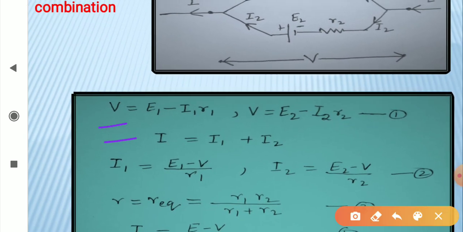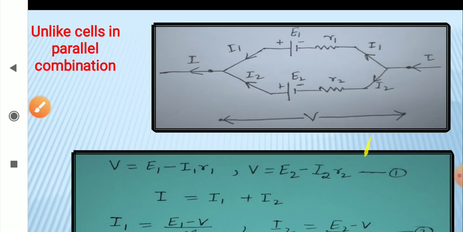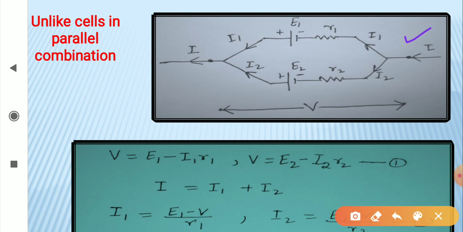The potential difference across the cell will be V equals E1 minus I1 r1. We know this relation. Similarly, for this, V is equal to E2 minus I2 r2, right? And if you look at it, this current I is equal to I1 plus I2, the sum of currents.